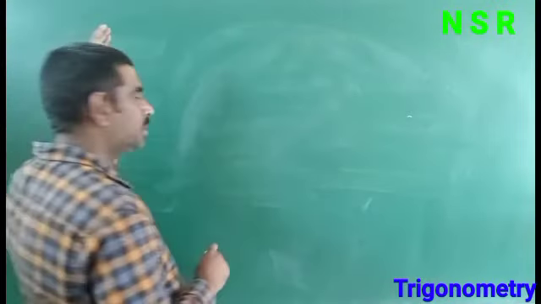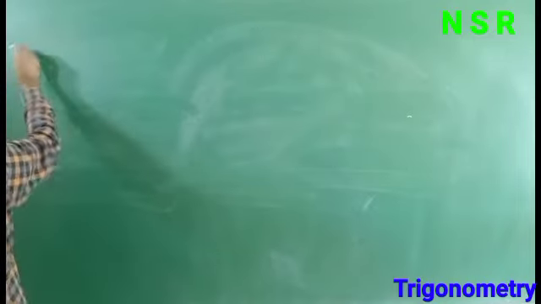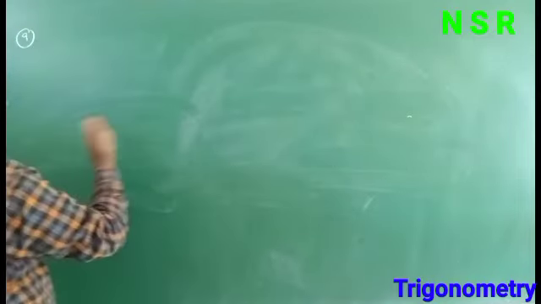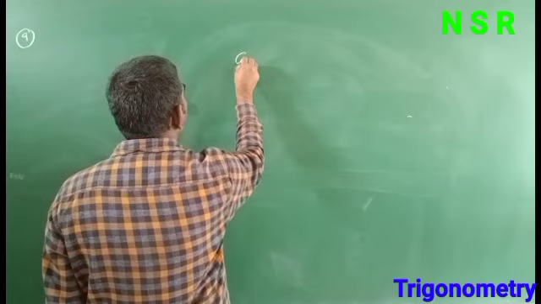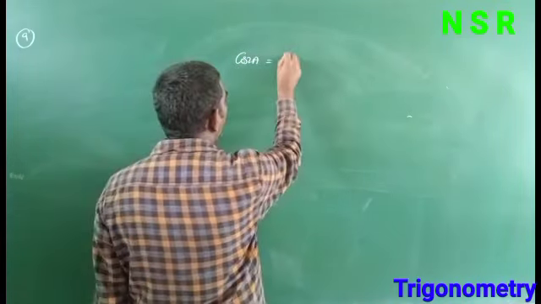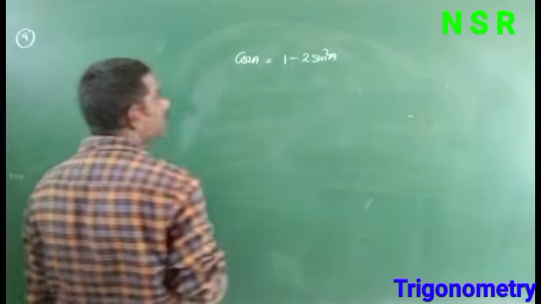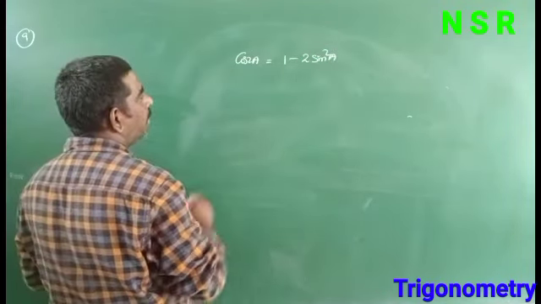Next, using these multiple angles we can write some more formulas. So that one is the 9th one. Already you know the cos 2a formula in sin terms: 1 minus 2 sin square a. By using this we can write the sin a formula.